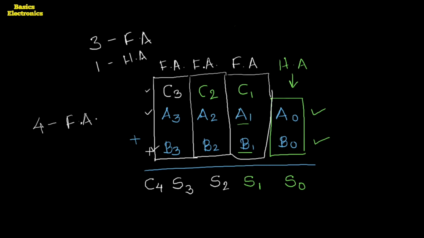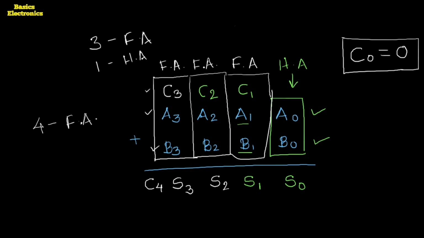So if we use the full adder instead of this half adder, we add the third binary bit. Suppose the third binary bit is C0, then we make C0 equal to 0. So there is no effect of this C0 in the addition of the two binary bits A0 and B0.